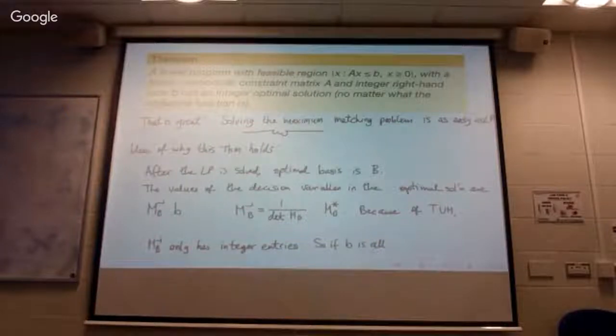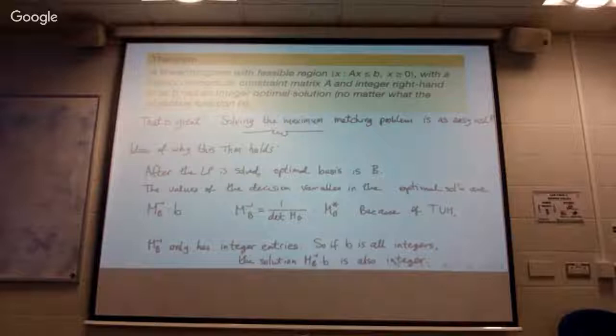So if b is also all integers, the solution, when you multiply them, is also integer. That's just the idea of the proof.